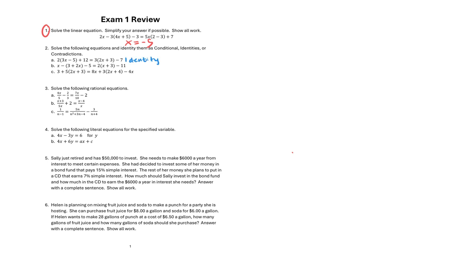Okay, so our next one says x minus (3 plus 2x) minus 5 is equal to 2 times (x plus 3) minus 11. Okay, so we're going to distribute some things and simplify. So this negative, since it's multiplied, we need to distribute this negative.